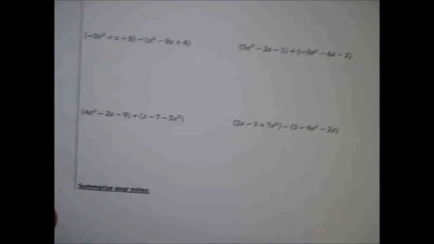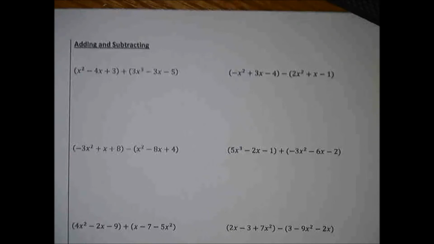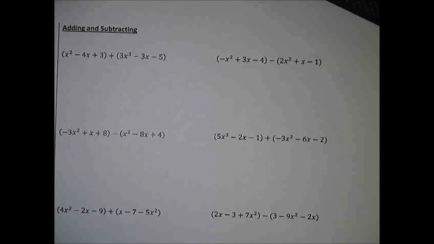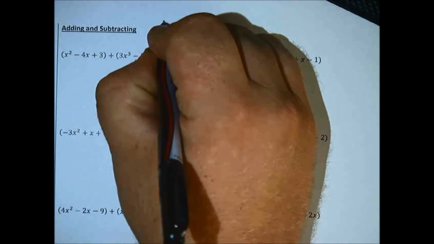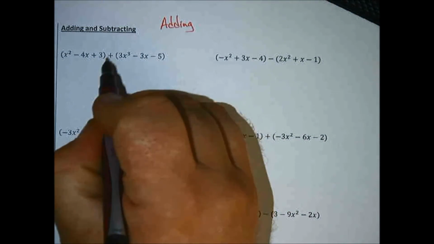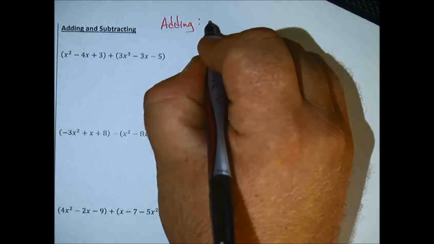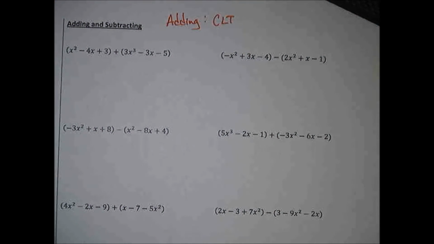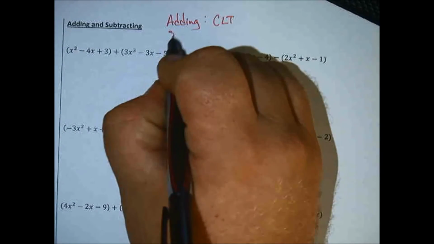If we go ahead and turn the page, we're going to be adding and subtracting polynomials. Now what that really means is just combining like terms. All right, so you know that thing you learned way back, I think it was section or unit 2. And really I have a rule here: if the operation in between is adding, all you have to do is combine like terms, CLT.